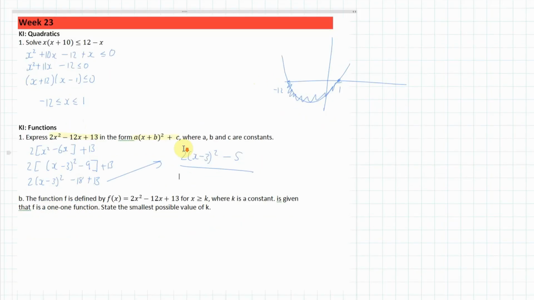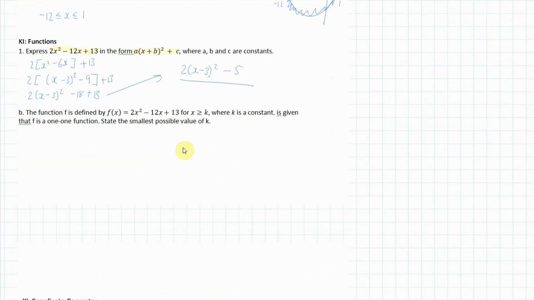So next bit is the function is defined. So we've got the same function, but for x is greater than or equal to k, where k is a constant, and it's a one-to-one function. Okay, so if I was to sketch what I just drew, you know that you've got a minimum point at (3, negative 5). And so therefore, if we want it to be a one-to-one function, we can't go any further than that minimum point.